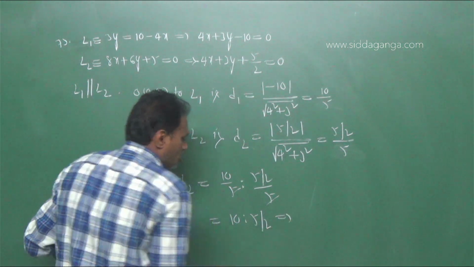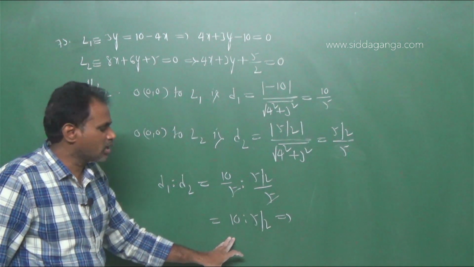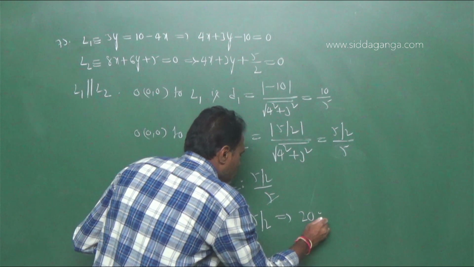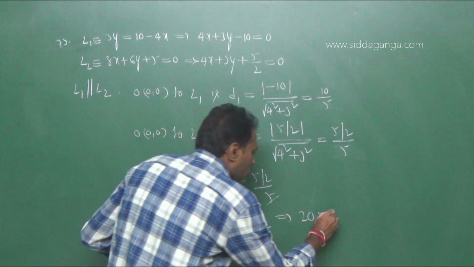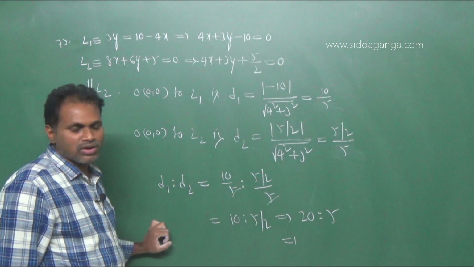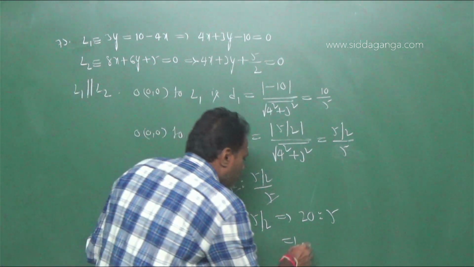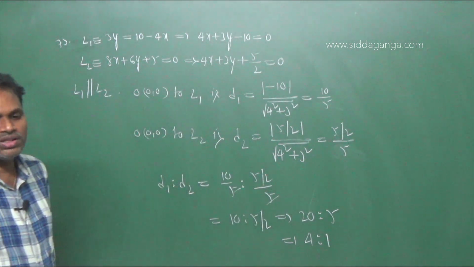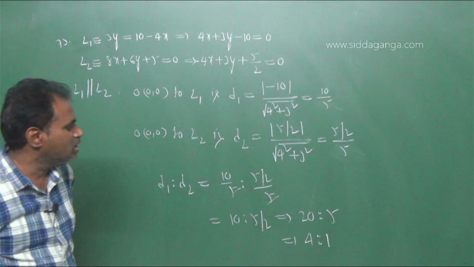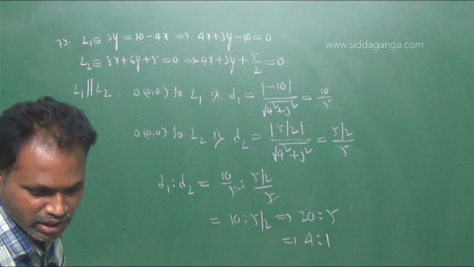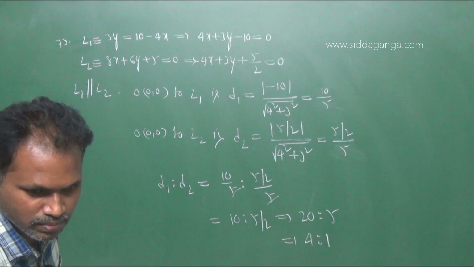Multiply the ratio by 2, that is 2 into 10, 20 is to 2 into 5 by 2, that is 5. Therefore, the ratio is 20 is to 5. Simplify it: 5 fours and 5 ones. Therefore, the origin divides the line segment AB in the ratio 4 is to 1. Therefore, option 3. Next question.